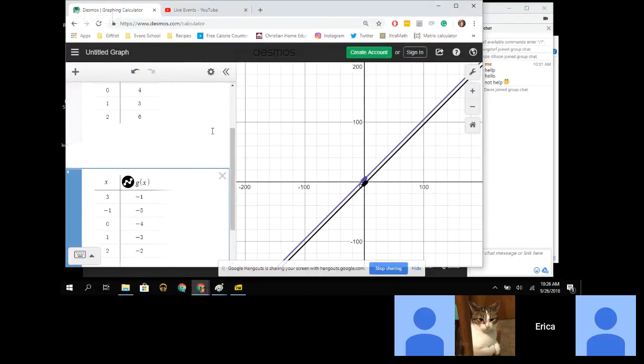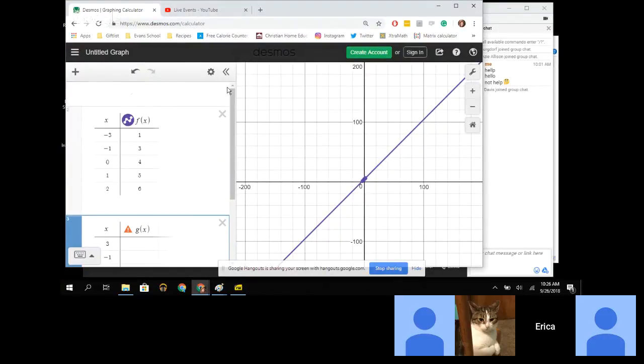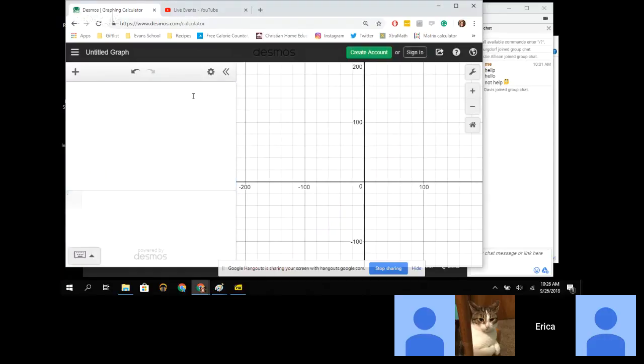Okay. So you can enter your functions in. So we have f of x equals (x minus 9) divided by 4, right?